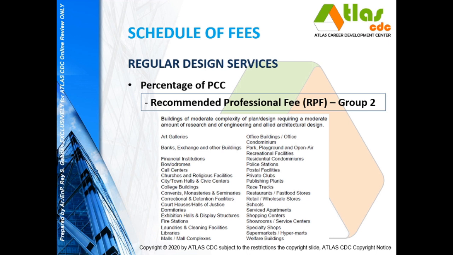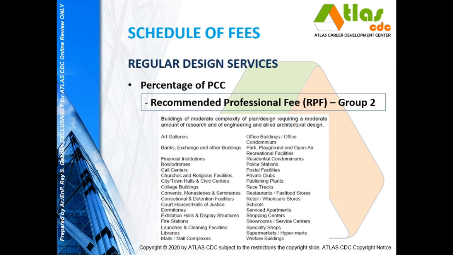Let us now go to Group 2. This is for buildings of moderate complexity of plan design, requiring a moderate amount of research and of engineering and allied architectural design.